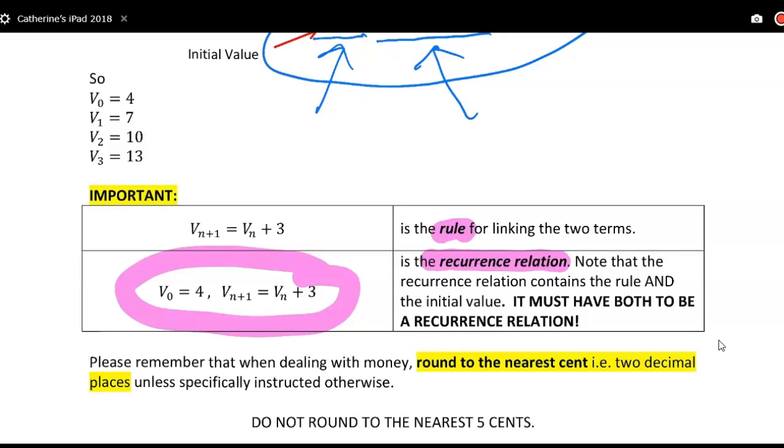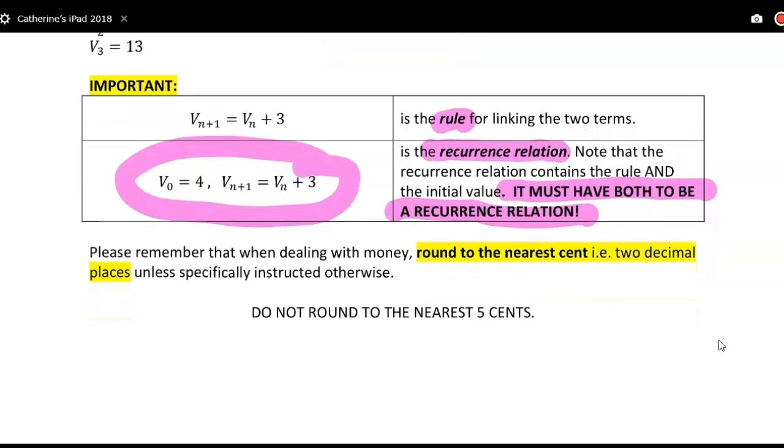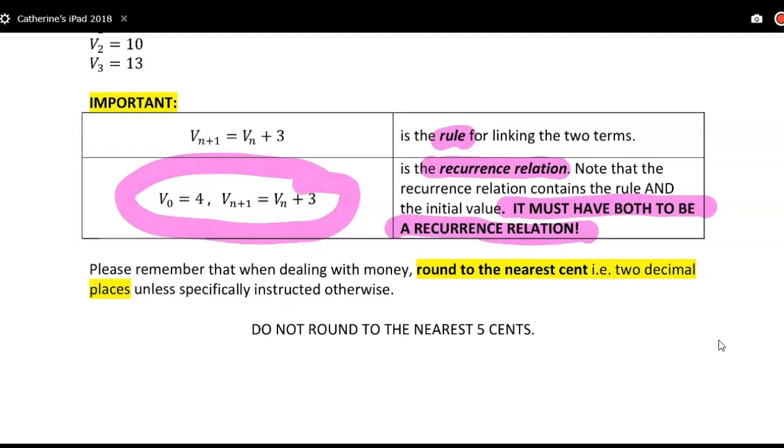If you don't write both, it's not a recurrence relation. So we get told this every year in our meet the examiners, that students will lose marks for not writing both parts. And every year we have students in SACs who are losing marks because they're not doing that.